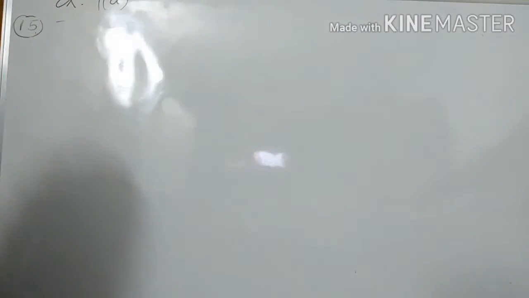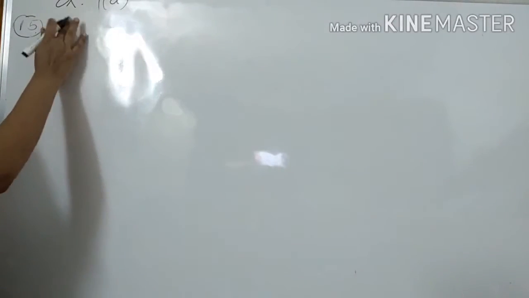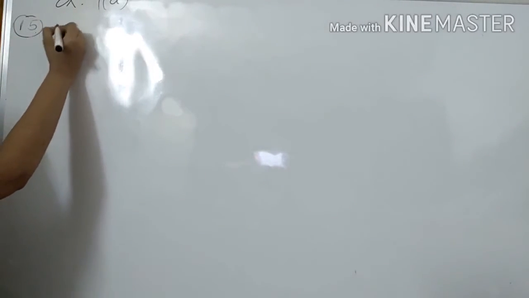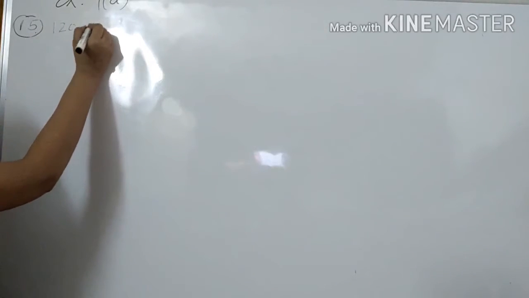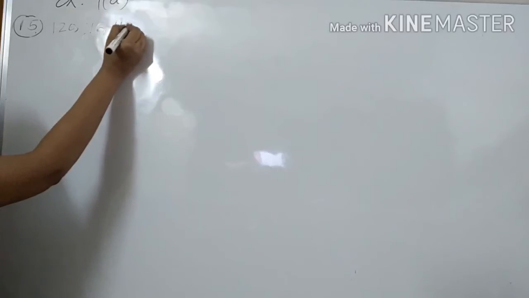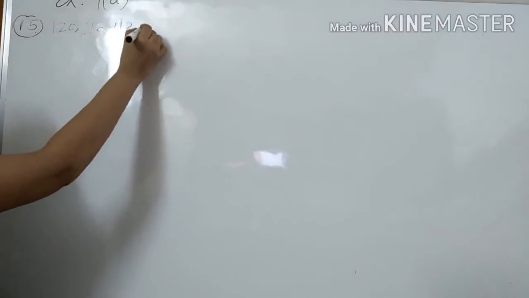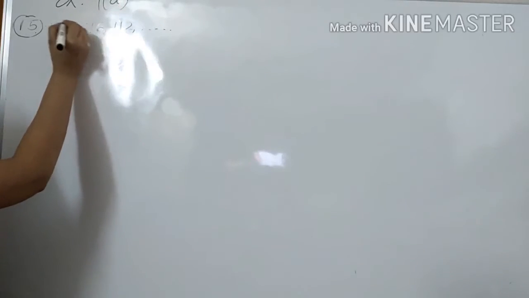Now let us start question number 15. Which term of the AP 120, 116, 112 and so on is its first negative term? So here you are given an AP. I am writing here AP: 120, then 116, 112 and so on. This is the AP given to you.